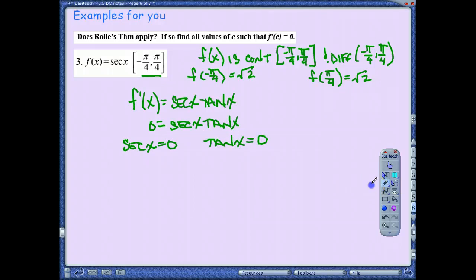When I'm going to solve those, remember secant of x, cosecant of x, they never equal 0, so that is not going to give us any solutions. Tangent does equal 0, smack dab in between the asymptotes, which the asymptotes for tangent is also at the pi over 2's, so smack dab in the middle of negative pi over 2 and positive pi over 2. X equals 0. Is that C?